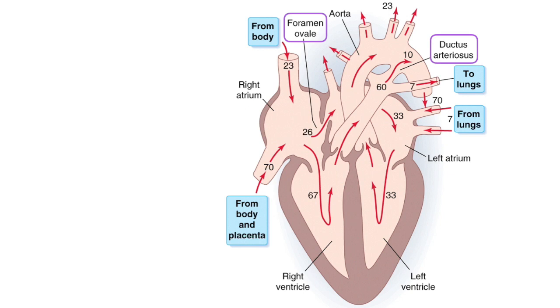So in this case, something like 7% goes to the lungs, and the rest of that 67% that leaves the right side of the heart goes through another unusual opening called the ductus arteriosus that connects directly the pulmonary artery with the aortic arch. And that way, this partially oxygenated blood leaves from the right ventricle and goes directly into the systemic circulation.